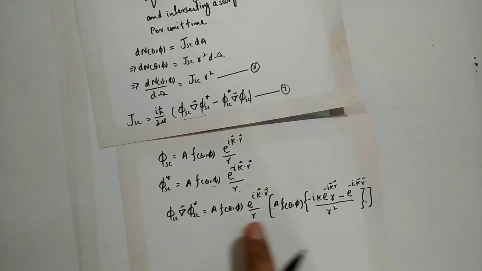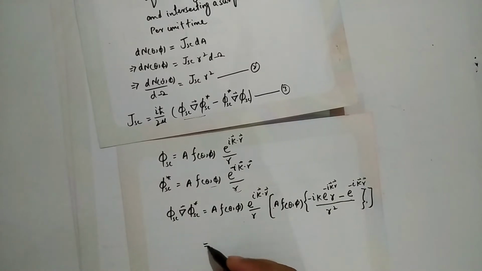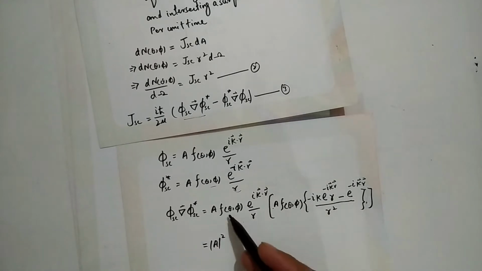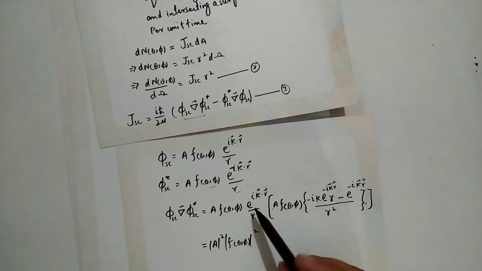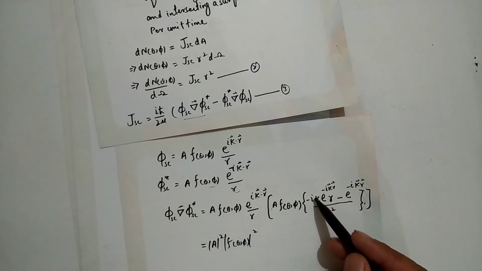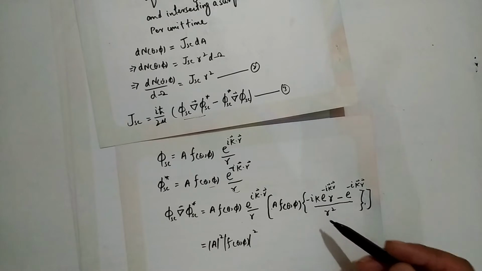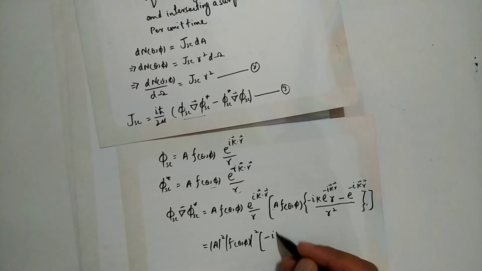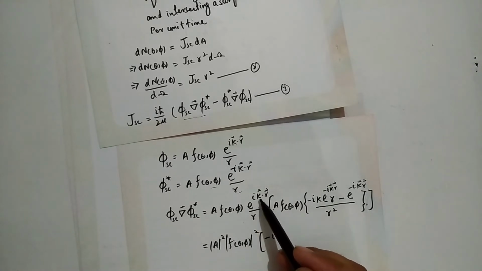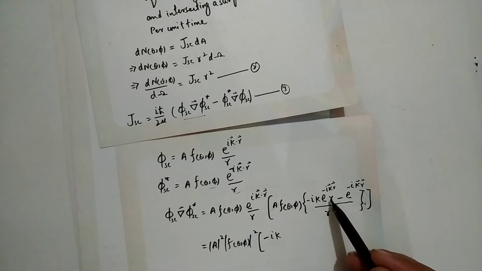Now multiplying this term with this one as well as this one, we will get A mod square into f of theta and phi mod square. When this term is multiplied with this one, it will be minus ik and e power ikr, e power minus ikr.